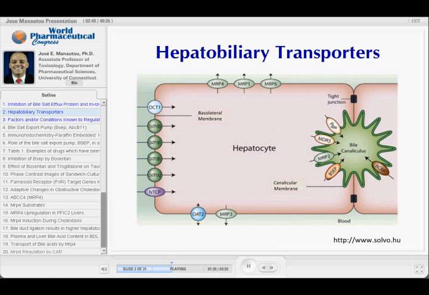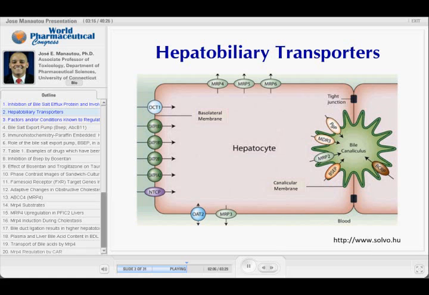hepatocytes. What we know is that not only does BSEP transport bile acids, but BSEP also has affinity for a number of chemicals. Some of these chemicals happen to be pharmaceuticals, and what we see is that some cases of drug-induced hepatotoxicity are because of the ability of these chemicals to antagonize and compete for transport by BSEP.